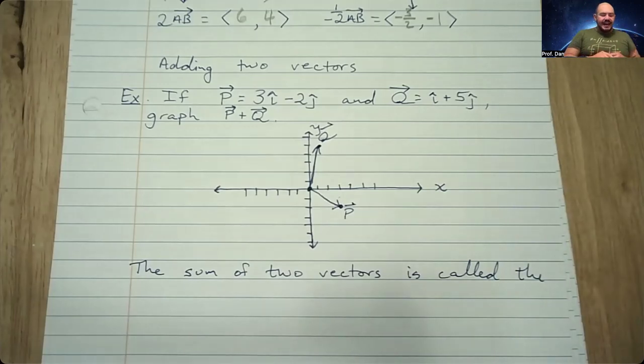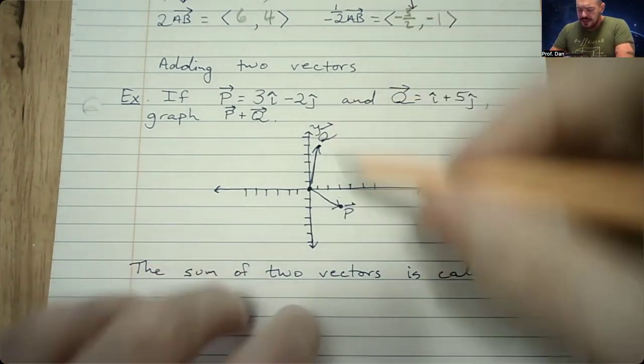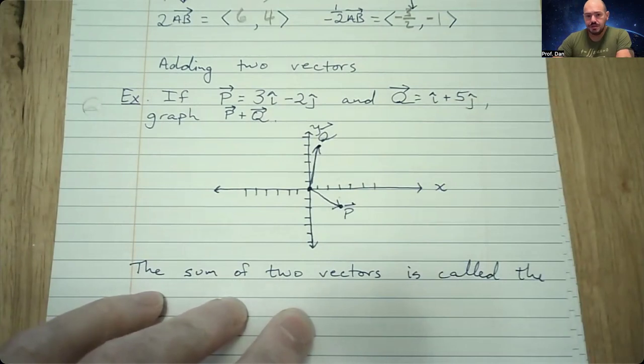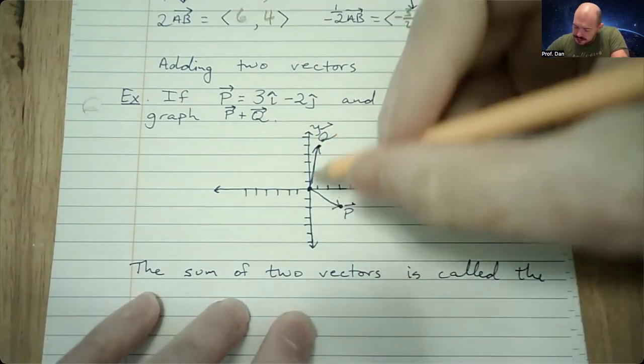If I wanted to add these two vectors, here's what's going on geometrically. Imagine that these are two sides of a parallelogram. A parallelogram could be a rectangle, a square, or slanted. The point is that these are two sides.